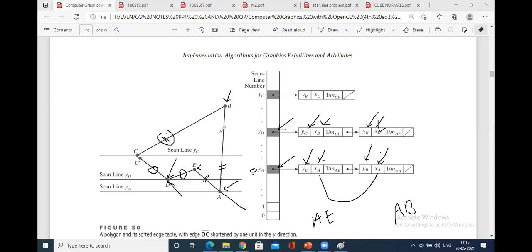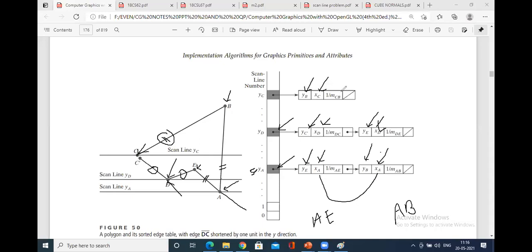So it is YB, right? Y intercept CB. What is the value of Y intercept? It is YB, and you have to write the value of X where the Y minimum falls less. It is XC at this point. So this has to be updated over here.